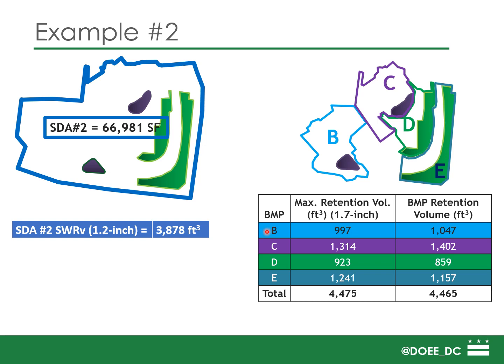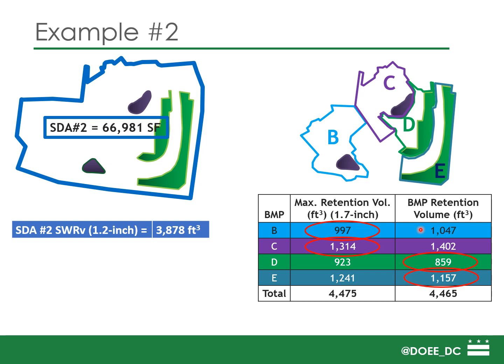So for bioretention B, for example, it can retain up to 997 cubic feet of volume because the contributing drainage area only contributes that much for the 1.7 inch storm. The bioretention has additional capacity, but a smaller volume is reaching it, so we take the lower of the 2 numbers. Same thing for bioretention C, green roof D, and green roof E.